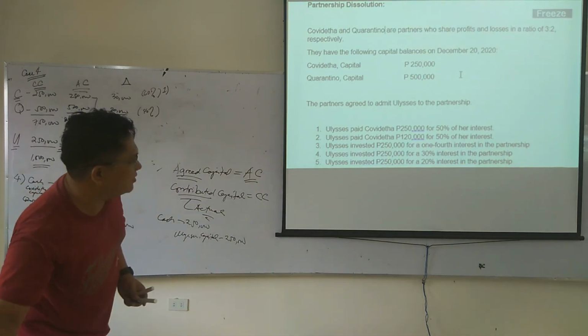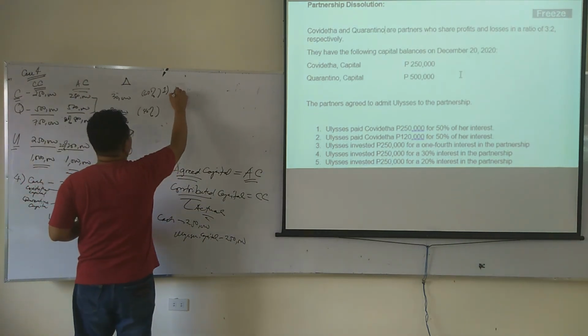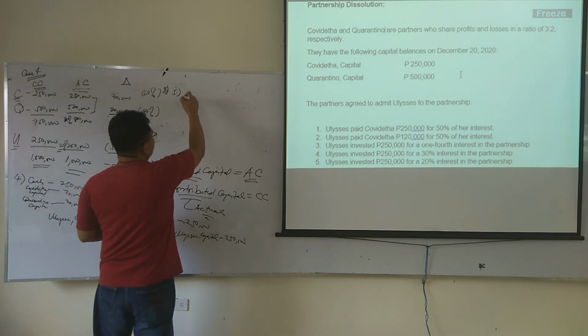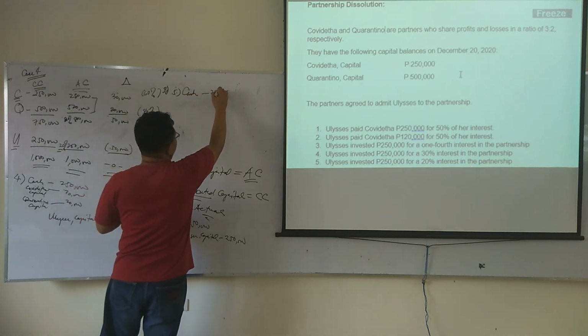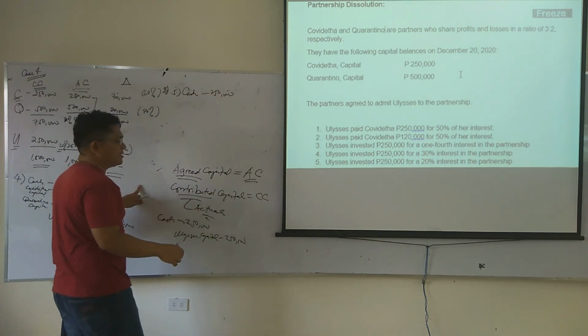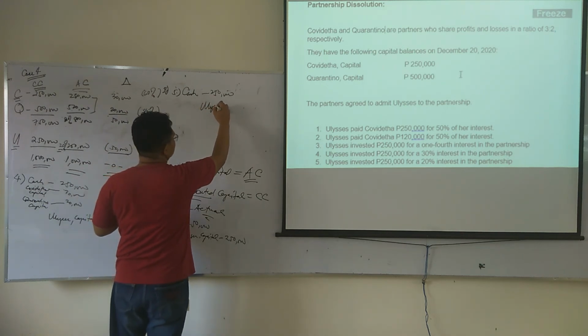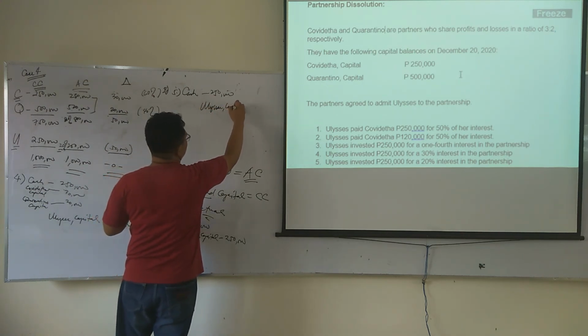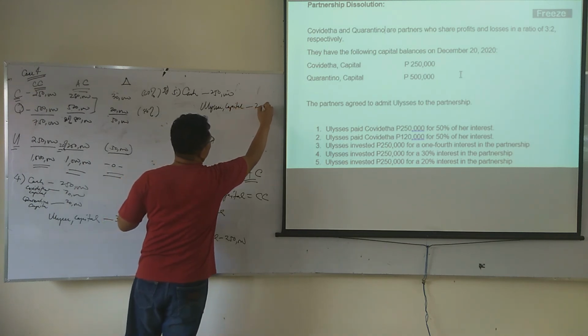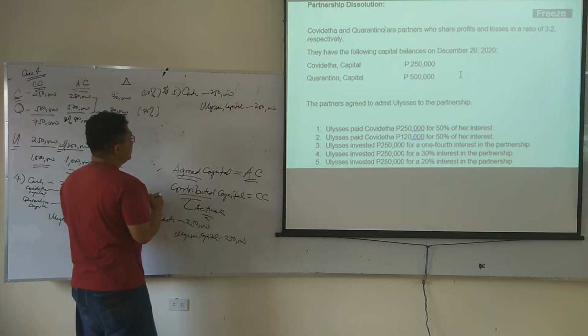So our entry for number 5 would be debit cash 250,000 for the amount invested by Ulysses. Ulysses capital, he is getting 200,000.